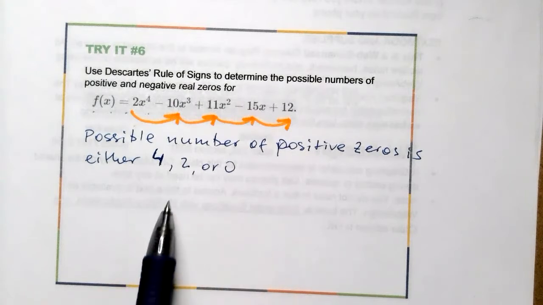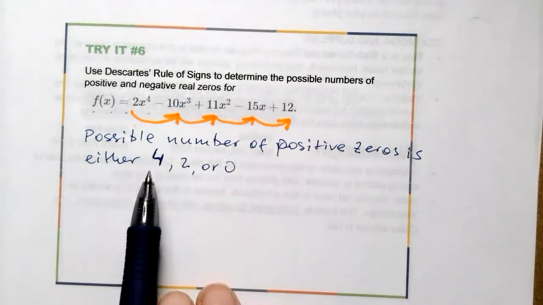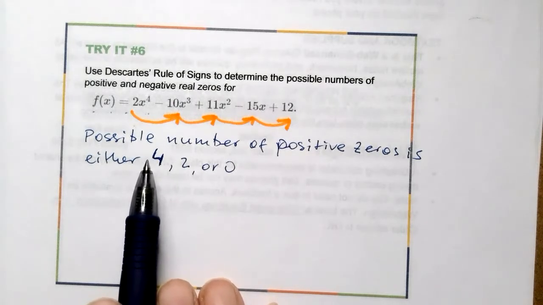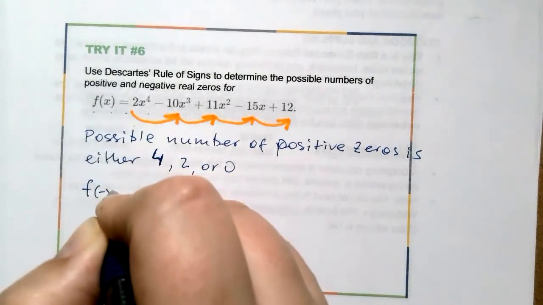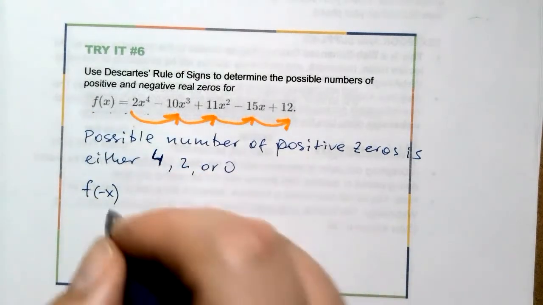Okay, so let's proceed to possible negative zeros. So for the negative zeros, we need to substitute x with a negative x. And what do we get?